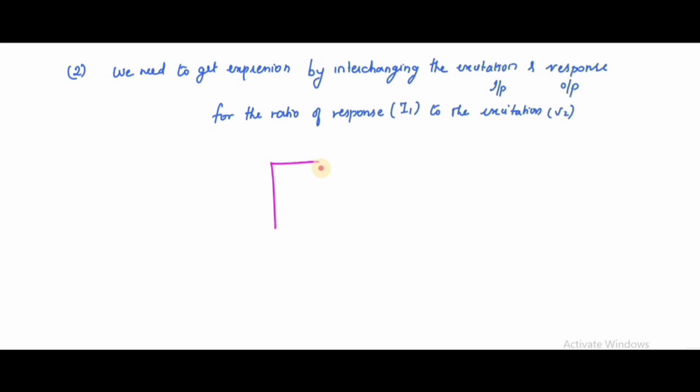For this, the connection looks like this: since we need to find I1, we need to short the input V1, because only one excitation should be there. So V2 is there, and I need to find the value of minus I1, in the direction of I1 flow. Substituting in the first equation, 0 equals A V2 minus B I2.